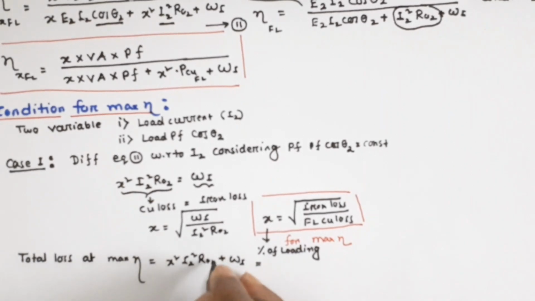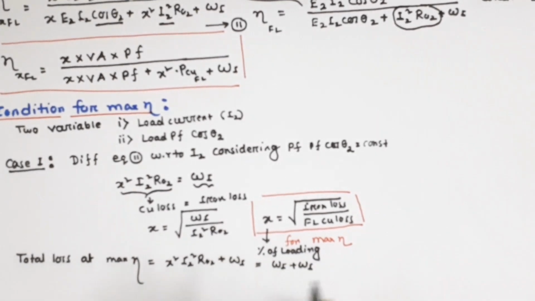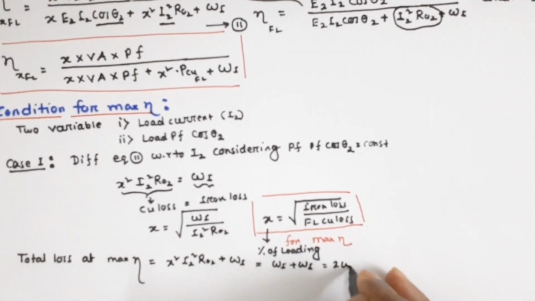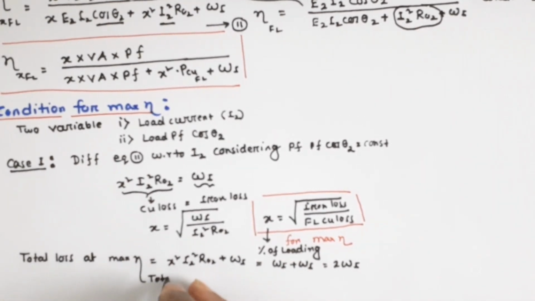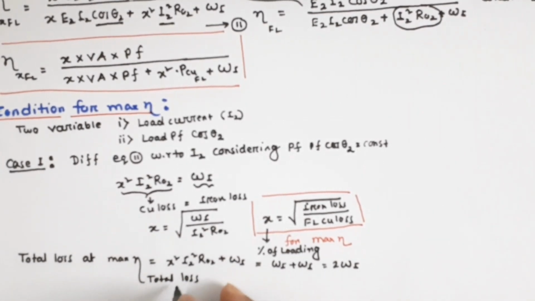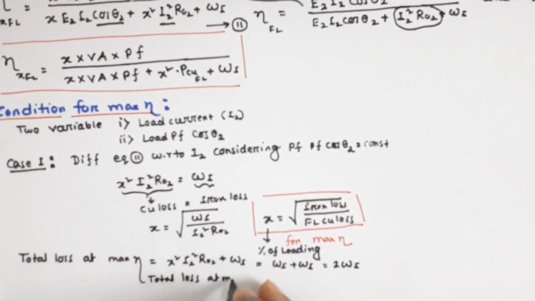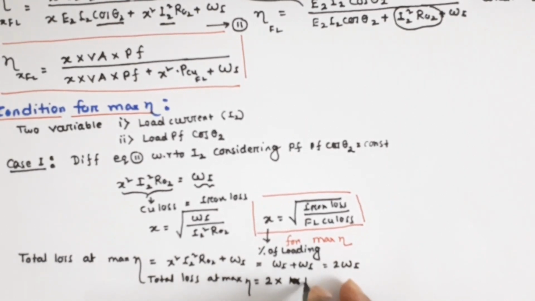Here this copper loss equals Wi, the iron loss, therefore iron loss plus iron loss, that is equal to 2 into iron loss, is given by total loss at maximum efficiency equal to 2 into Wi, that means equal to iron loss.